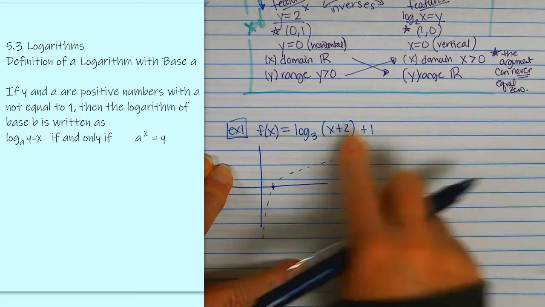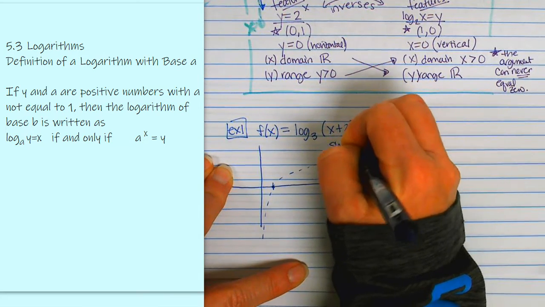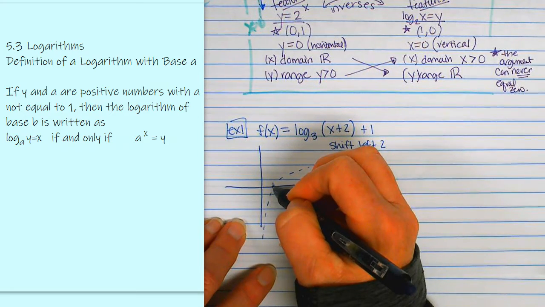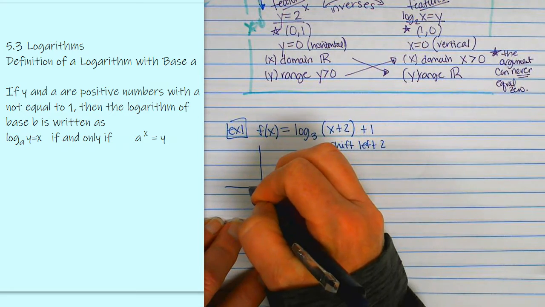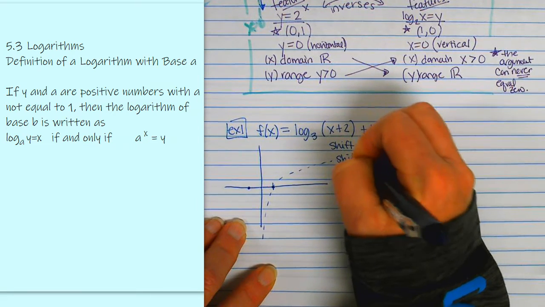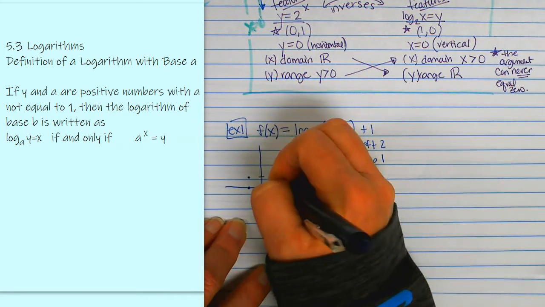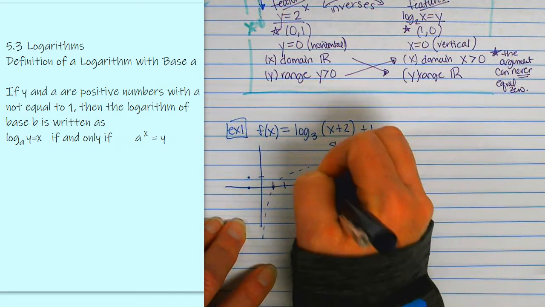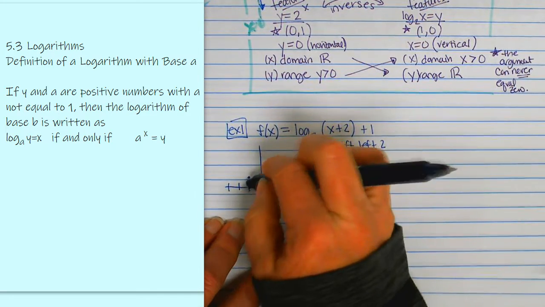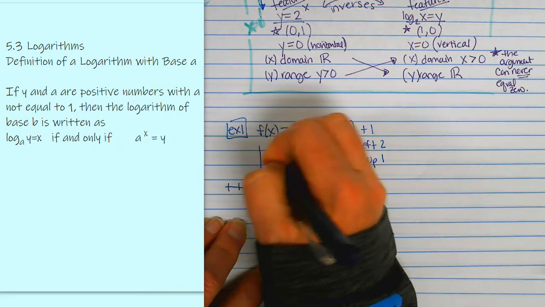The plus 2 is opposite math, so this is going to shift left 2. So this dot that was at 1 is going to be at -1. It's going to shift up 1. So now I've got some actual points. It's not this one. So let's recap that.